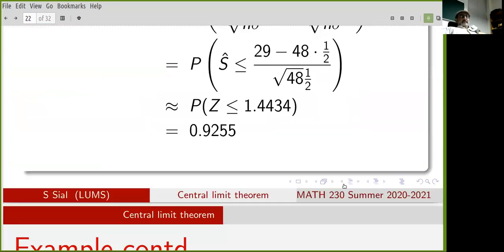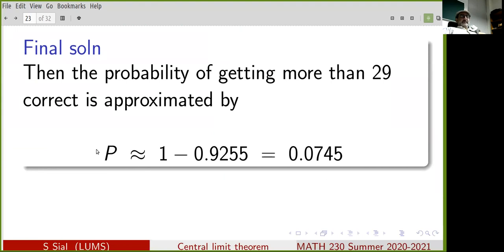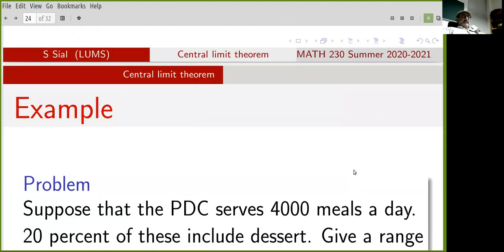Then the probability of getting more than 29 correct would be approximated as 1 minus 0.9255, which is 0.0745.